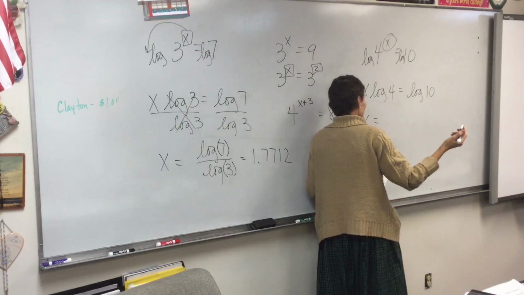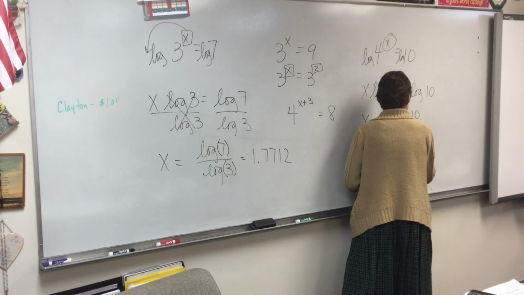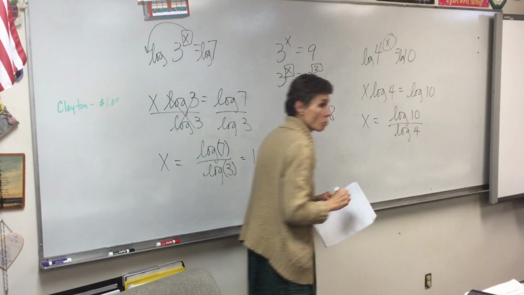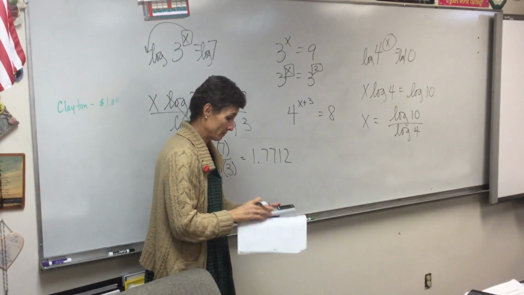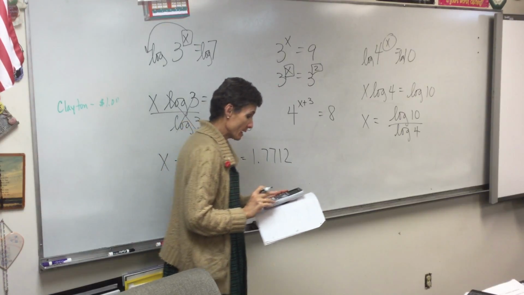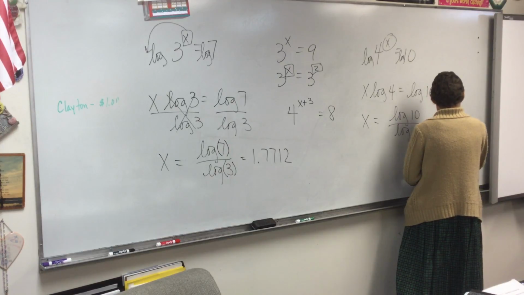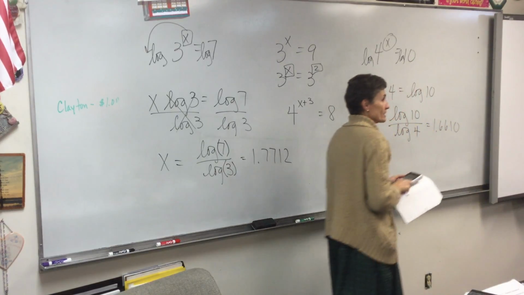So most of you are already typing. Hopefully you're typing in log 10 divided by log 4. And hopefully you got 1.6610 if we round off to 4 decimal places.